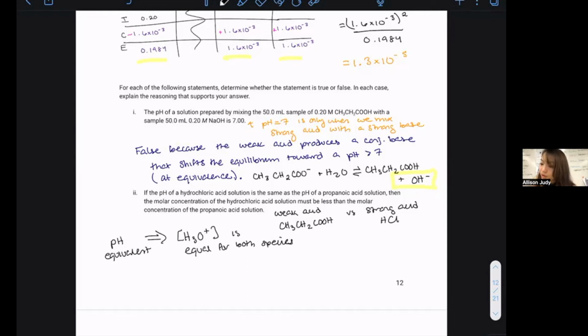So what we know then is that strong acids ionize completely, complete ionization. But weak acids only partially ionize. So they're less effective at producing ions.